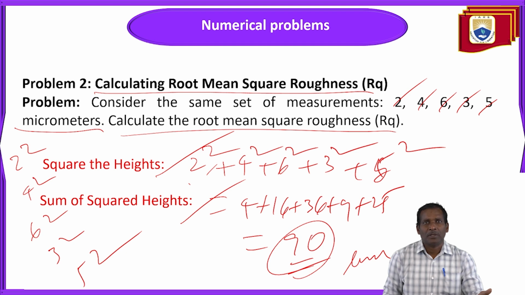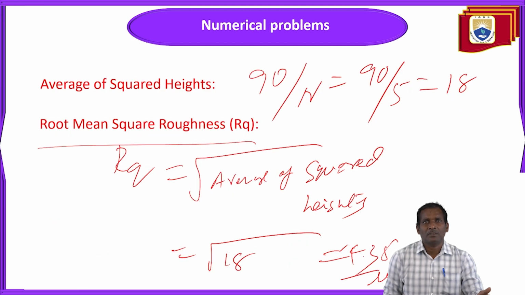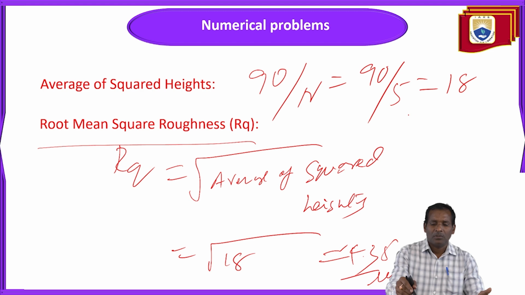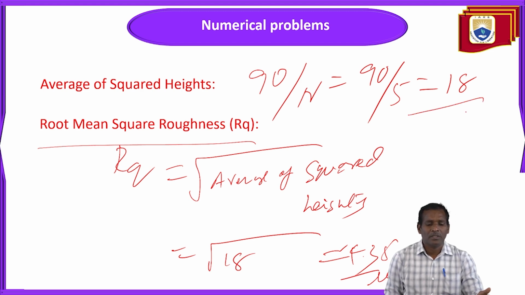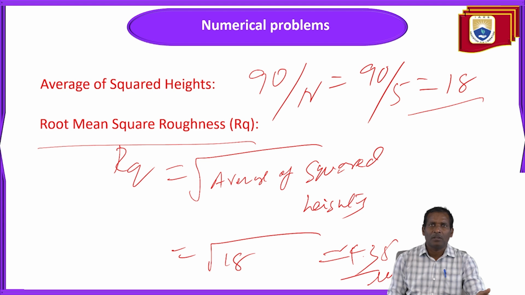For root mean square, first you need to square the heights, then take the sum of the squared heights. You will get a total value, then take the average of the squared heights. You will get a value, and apply the square root. So the root mean square roughness value is obtained by this equation.